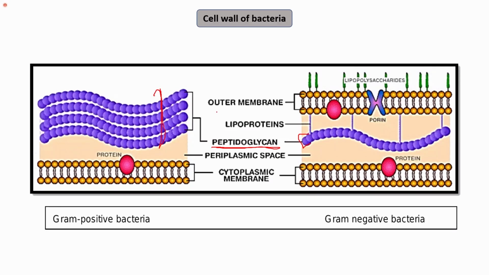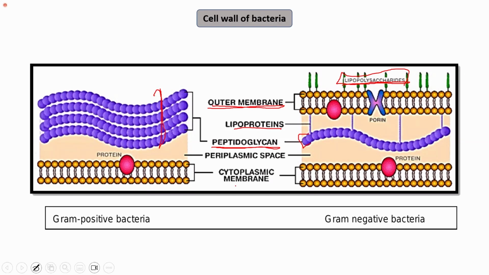Rest, we can see that the gram-negative bacteria have an outer membrane which is made up of lipopolysaccharides. So it is an LPS-containing outer membrane they have, right? They also have lipoproteins and porins that allow the passage of nutrients from the outer membrane to the peptidoglycan, right?